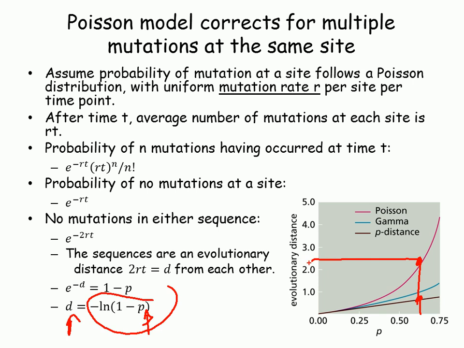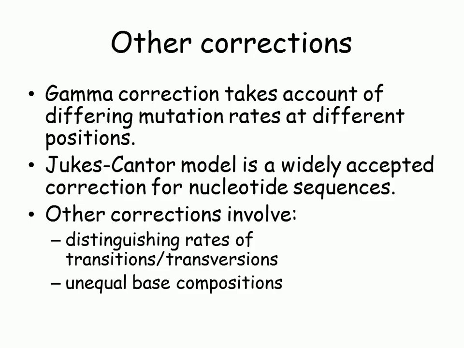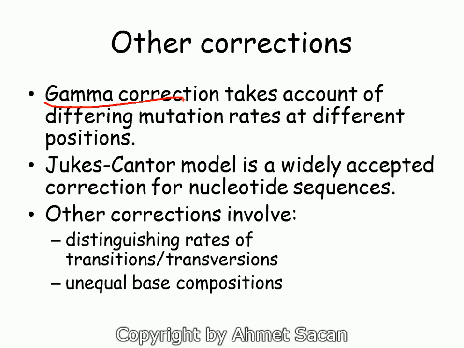All right. So this takes into account that when two things are the same, it could be because there was a mutation that made them the same. Okay, so you are seeking the case where there were no mutations explicitly using a probabilistic model. All right. Okay, some of the other corrections: the gamma correction takes into account that mutation rates are different at different positions of the sequence.